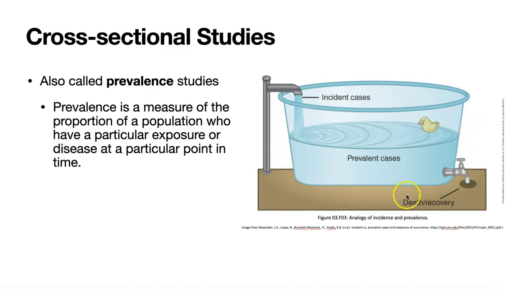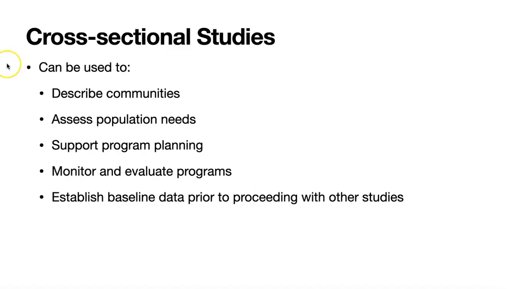Now, there are also new cases that may be occurring, and the new cases are called incident cases or incidents. And those cases can be compared to the water flowing into the bathtub during that particular point in time. What we're looking at for cross-sectional studies is just the prevalent cases, just the cases that exist, just the water that is in the bathtub at the point in time that we are.